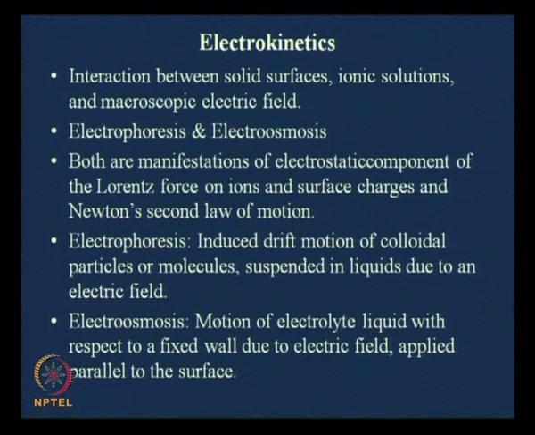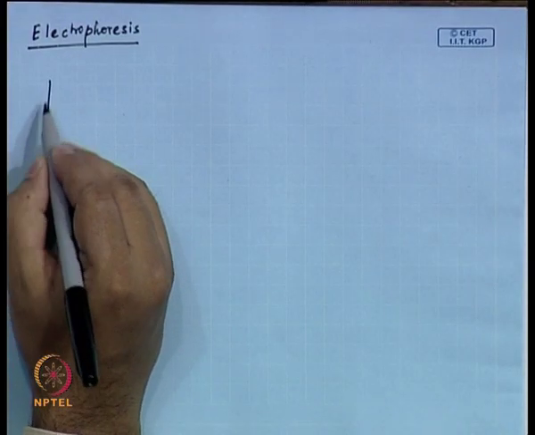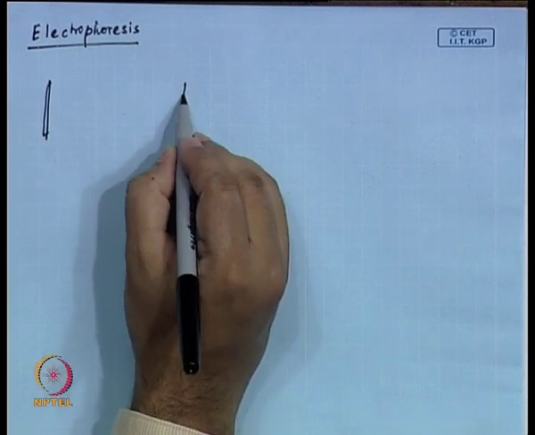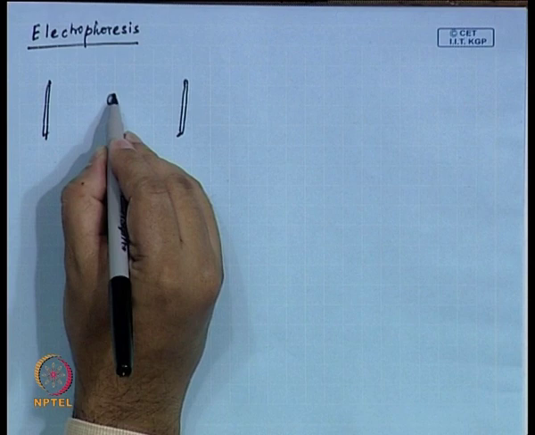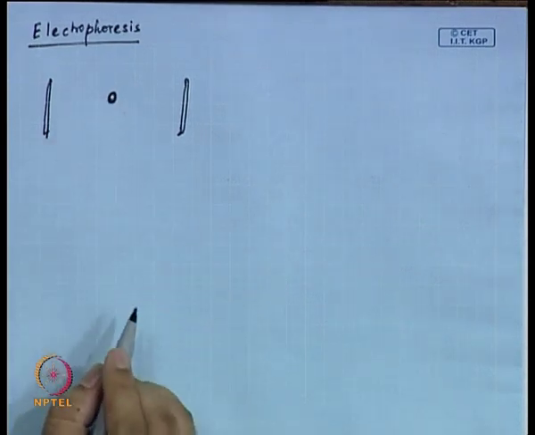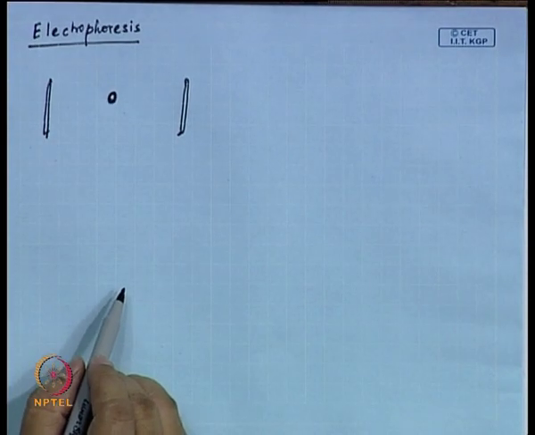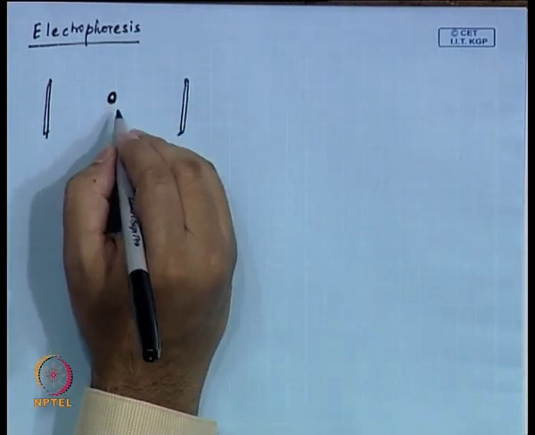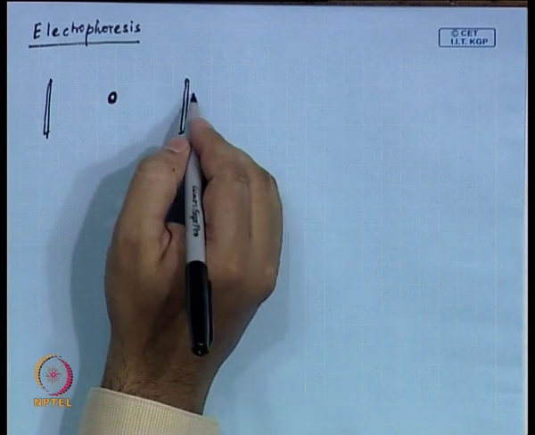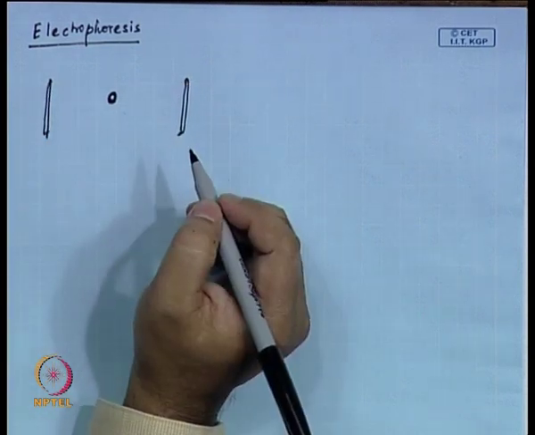So, what we have is an electrode here, another electrode here, and a particle. Now, this particle has certain charge, and you have already imposed an electric field.